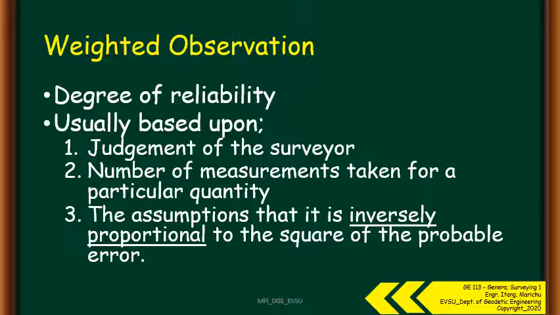So, we have here the assumption that it is inversely proportional to the square of the probable error. When we say, pag malaki yung error, huwag mong bibigyan ng malaking weight. Diba? Pag may nag-o-occur na error sa isang measurement, huwag ka doon maglagay ng weight.